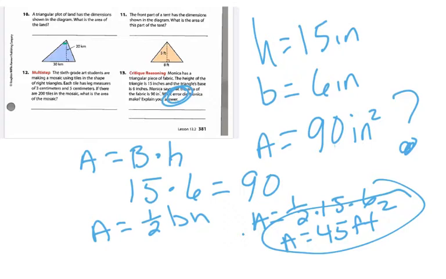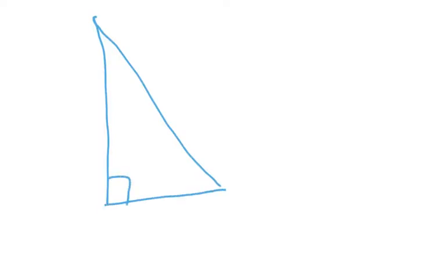Okay, there's one more thing I want to talk about, and then we're going to end this video lesson. So, what if you had a triangle? Here's my beautiful triangle for you. Okay, right triangle. And the height of this triangle was 20 feet. And the area of this triangle was 180 feet.